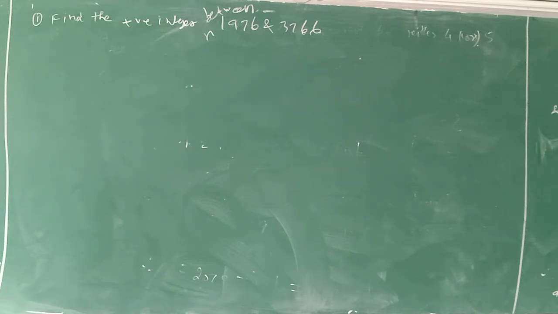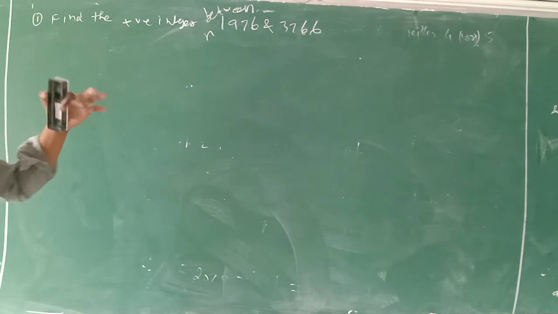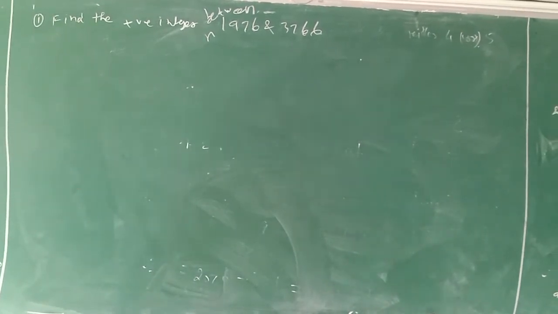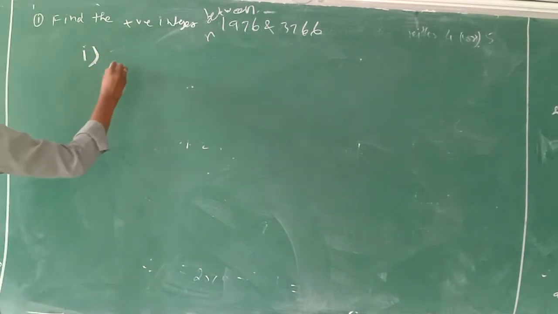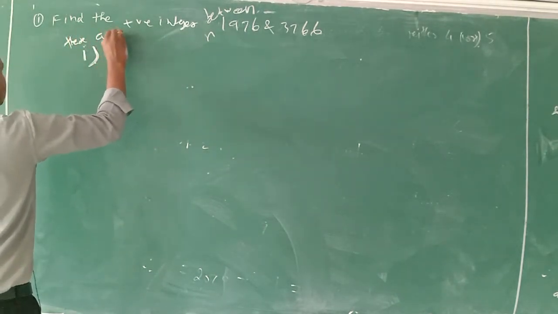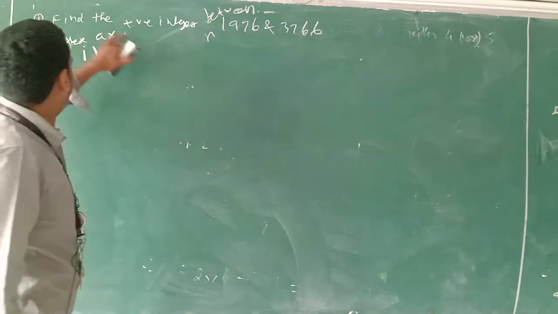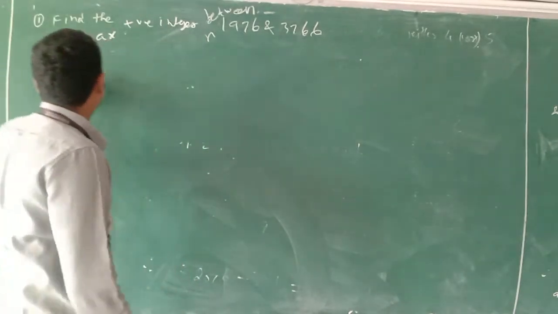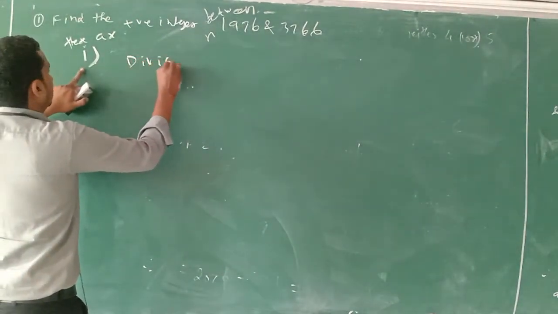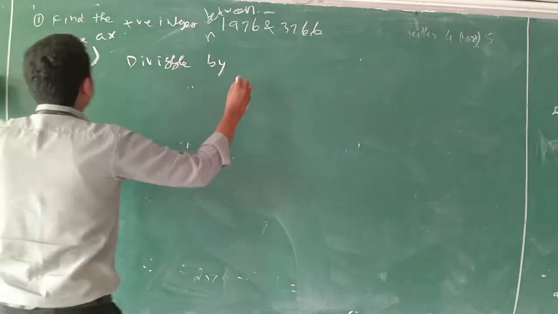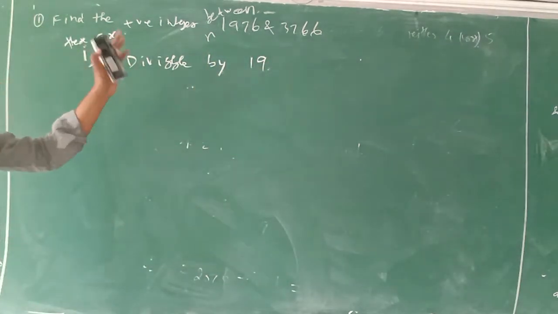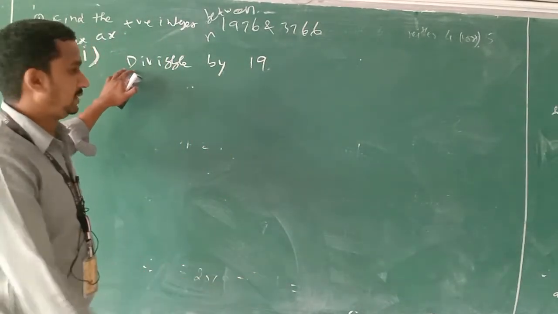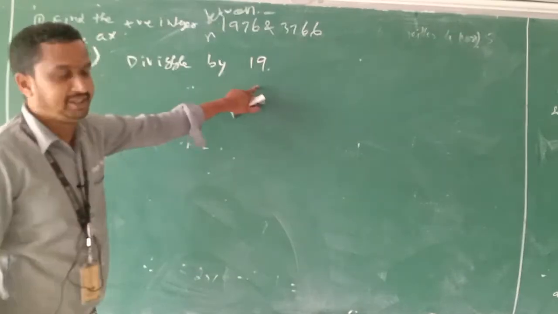Come to the solution part. As in the previous class and previous problem, we find the values A and B. So the first question: find the positive integers between 1976 and 3776 that are divisible by 13 and divisible by 19.